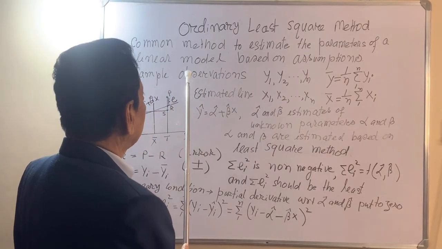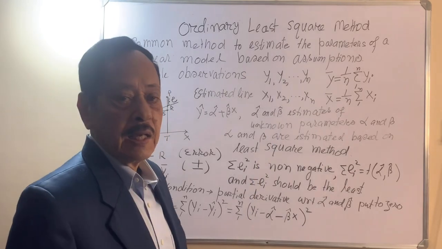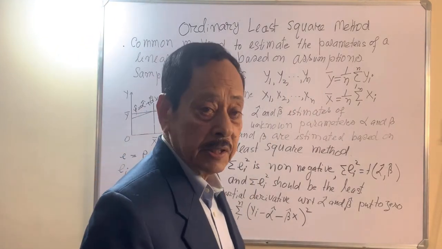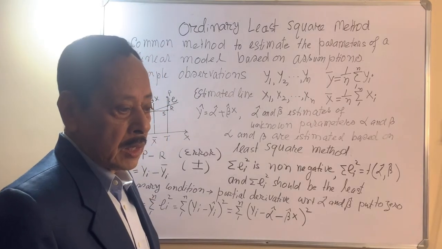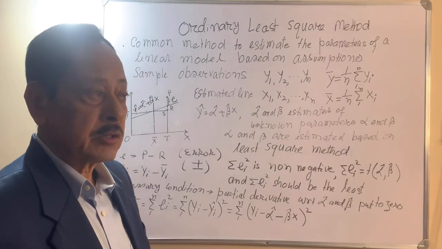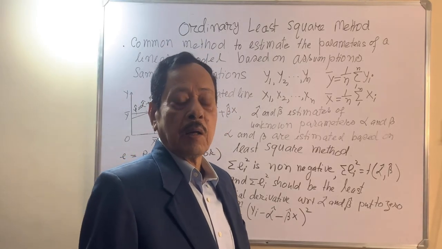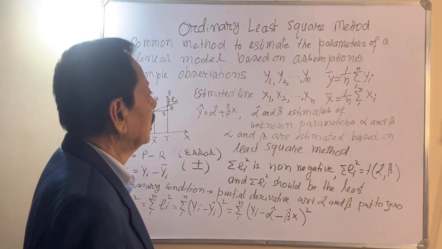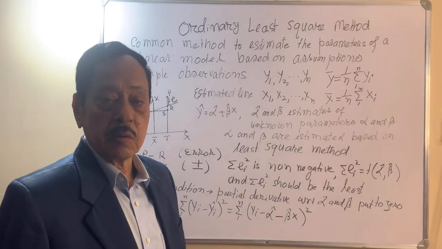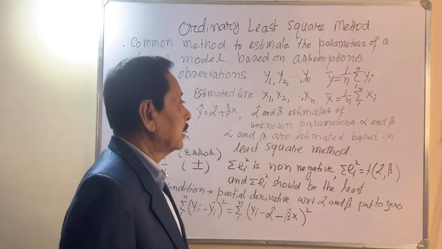Those parameters are to be estimated based on the assumptions that we have already discussed in the earlier lecture: that the mean of the errors should be 0, covariances should be 0, and variance should be a constant.